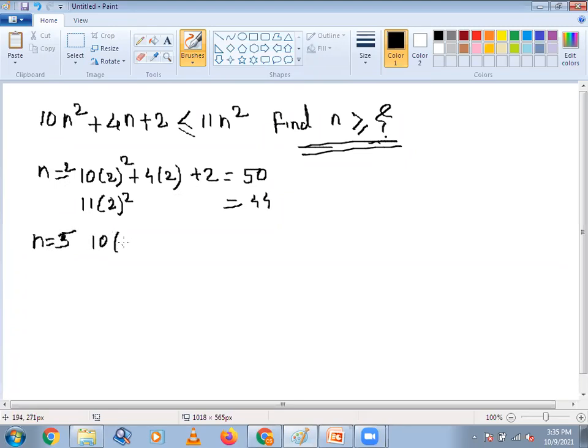N is equal to 5. 10 into 5 square plus 4 into 5 plus 2, which is equal to 250, 272, and 11 into 5 square, which is equal to 275.